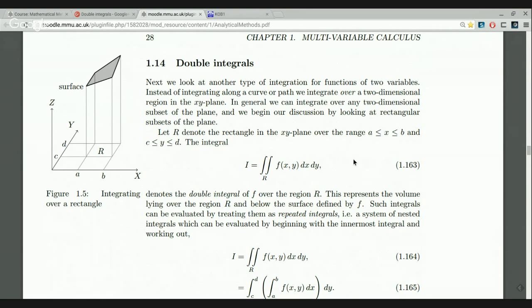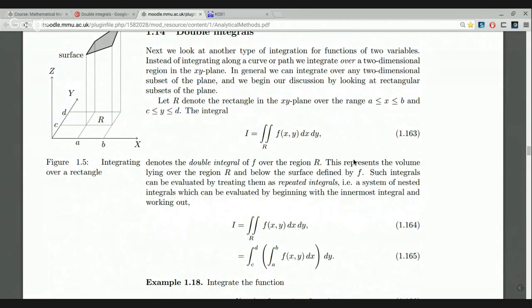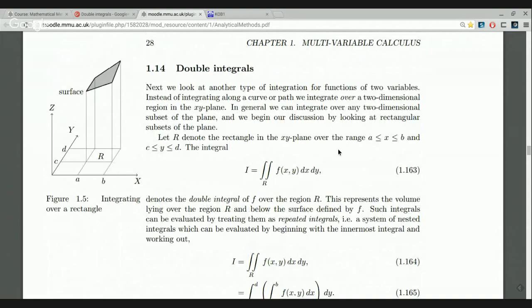So we're going to look at objects like this in equation 163. It's a double integral, so it has a double integral sign. It's over a two-dimensional region, and we have the two differentials, dx and dy. It has a very clear geometric interpretation.